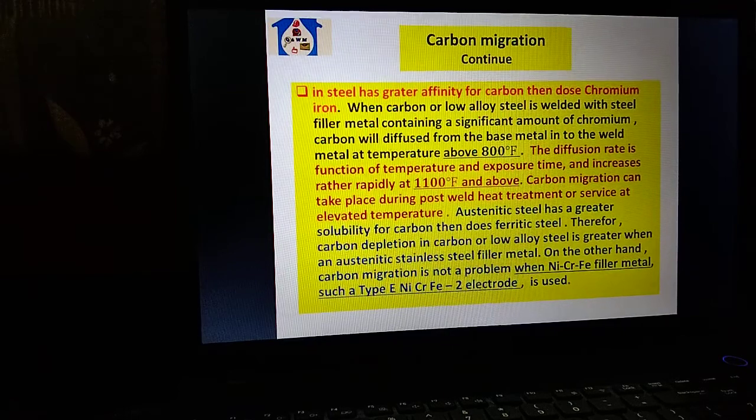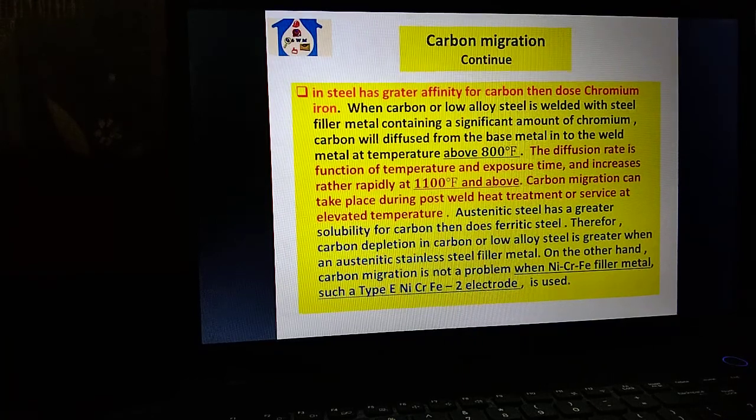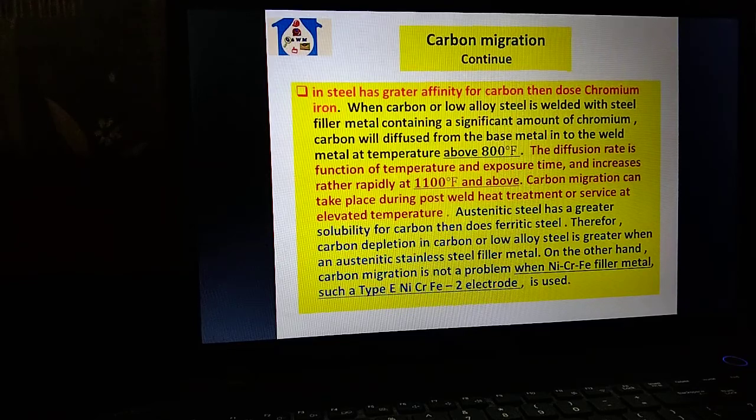The diffusion rate is a function of temperature and exposure time, and increases rather rapidly at 1100 Fahrenheit and above. Carbon migration can take place during post-weld heat treatment or service at elevated temperature.